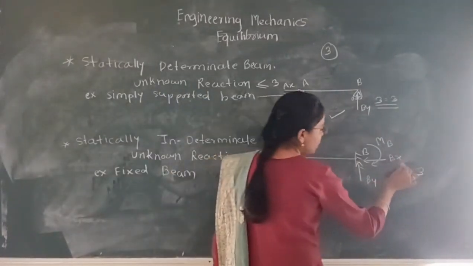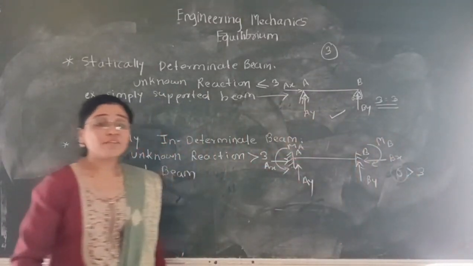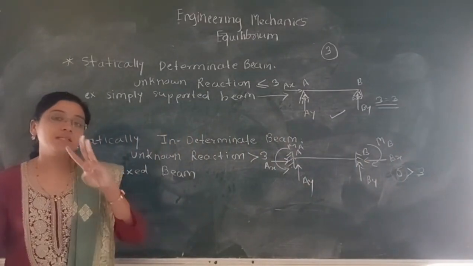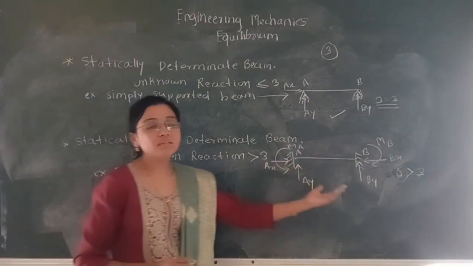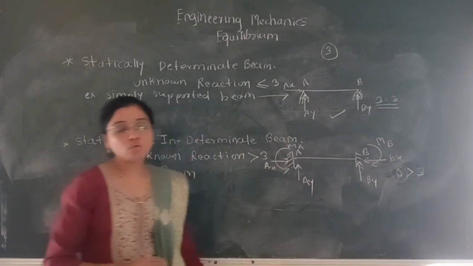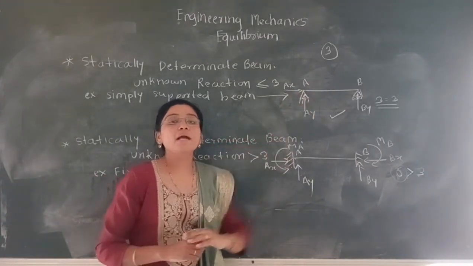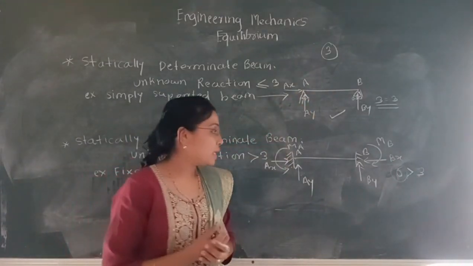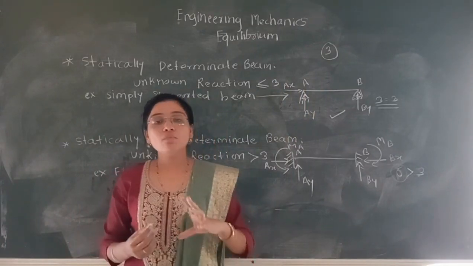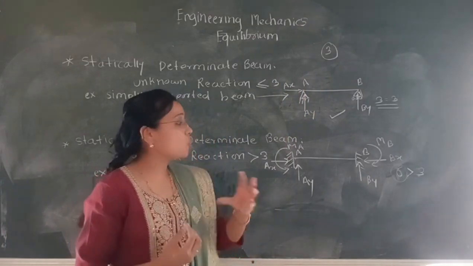Of all these 6 reactions, we can find out the magnitude of any 3 only, and the remaining 3 we cannot find out by using equilibrium conditions. To find out the magnitude of the remaining 3 reactions, we use some standard methods. This is not part of your syllabus.